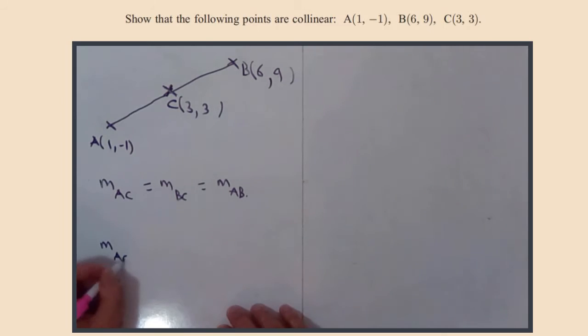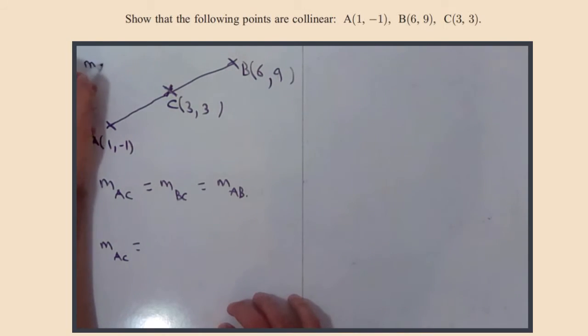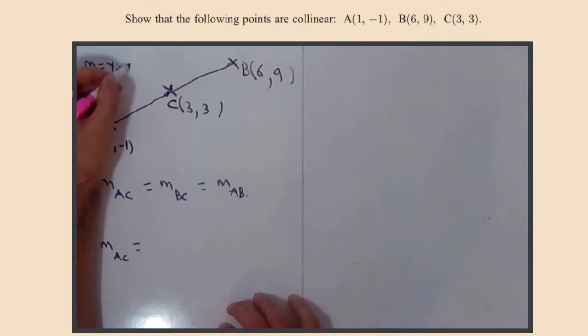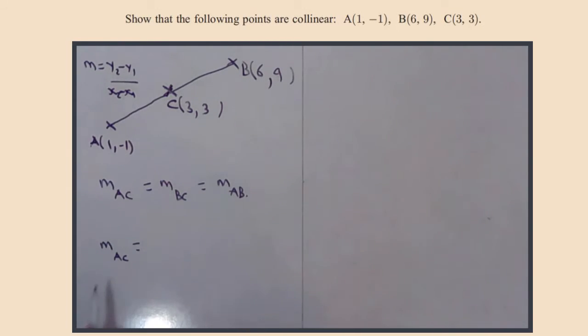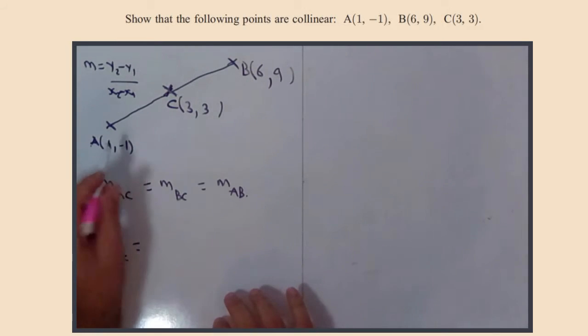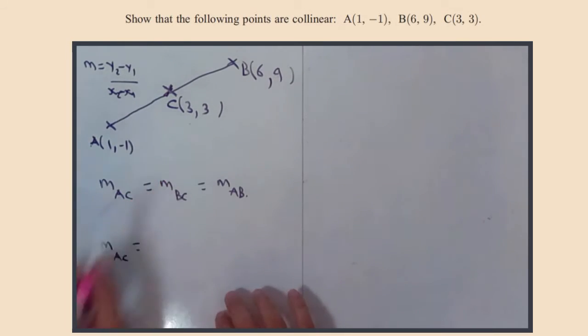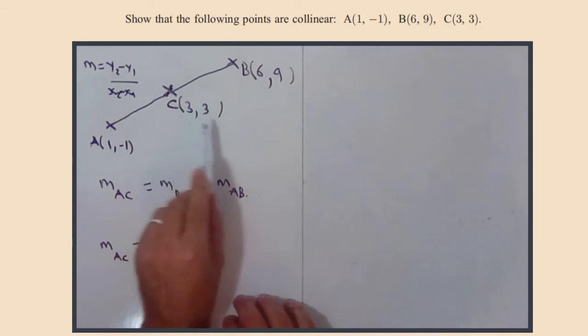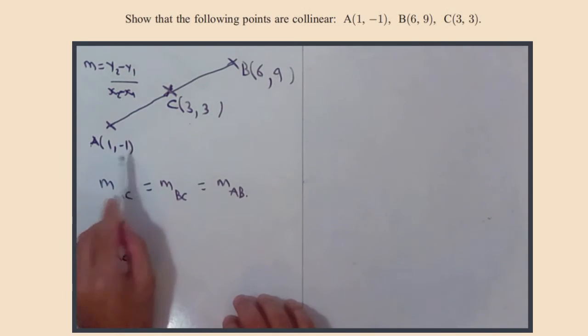MAC, gradient of AC, remember the gradient formula, M equals y2 minus y1 over x2 minus x1. So for MAC, I'm going to pick A as x1, y1, and C as x2, y2. So it's going to be y2, 3, minus y1, minus 1.